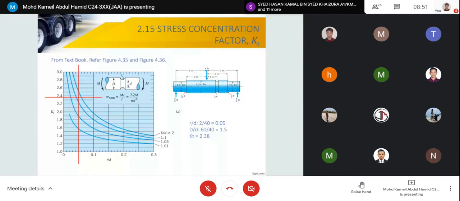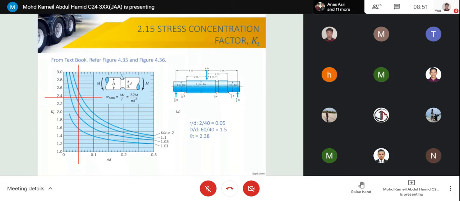For example, if you have your R over D equal to 0.05, draw a straight vertical line based on that R over D, and then you have to check the blue line, D over d, the capital D over the small d.